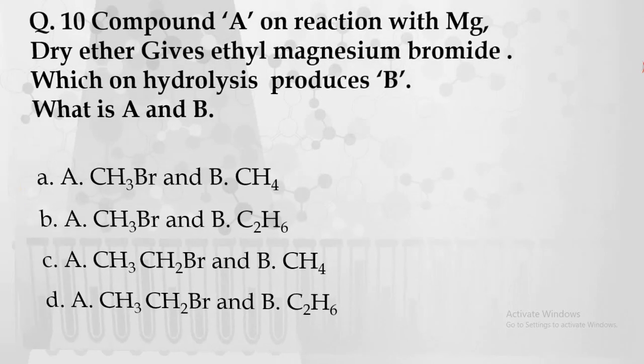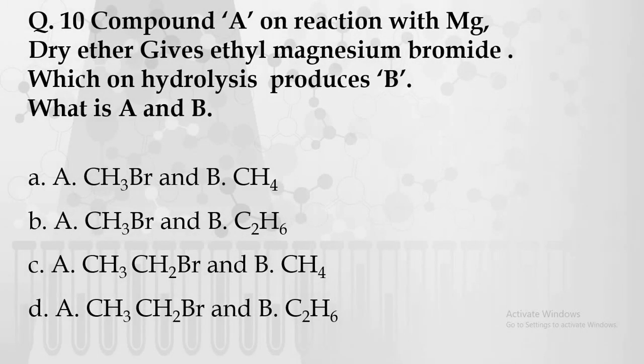Question number 10, that is the last question. Compound A on reaction with magnesium in dry ether gives ethyl magnesium bromide, which on hydrolysis produces B. What is A and B? A on reaction with magnesium in dry ether is nothing but the preparation of Grignard's reagent. Here the Grignard reagent ethyl magnesium bromide is prepared.